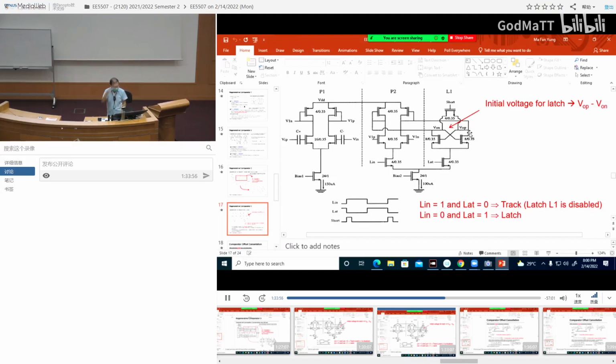That means if this current here is higher than this current, for this current to be higher means that this has to be higher than this. Okay? So this will go up, this will go down. Alright? And then as this goes up, it will pull even more current through here. So the positive feedback will take place.